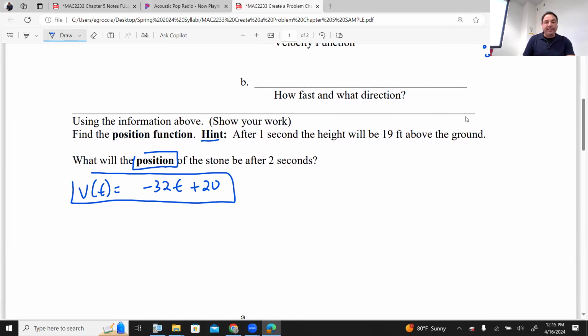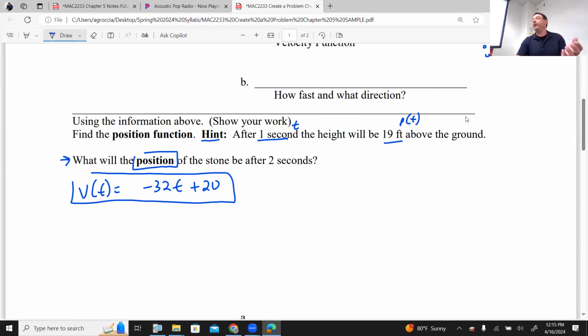Again, they have to give you a hint. They tell you that the time is 1 second when the position is 19 feet. You need that hint. Then that's going to help you. I'm not going to say anything more than that. We'll see if you learned it. Then you're going to answer the question. Once you have the full complete position function, what's the position after 2 seconds? And write it in a sentence.